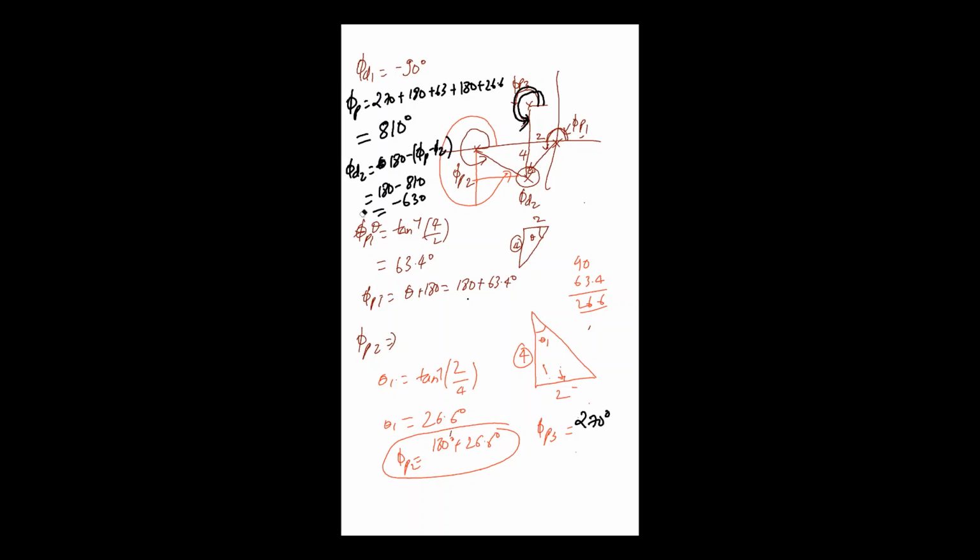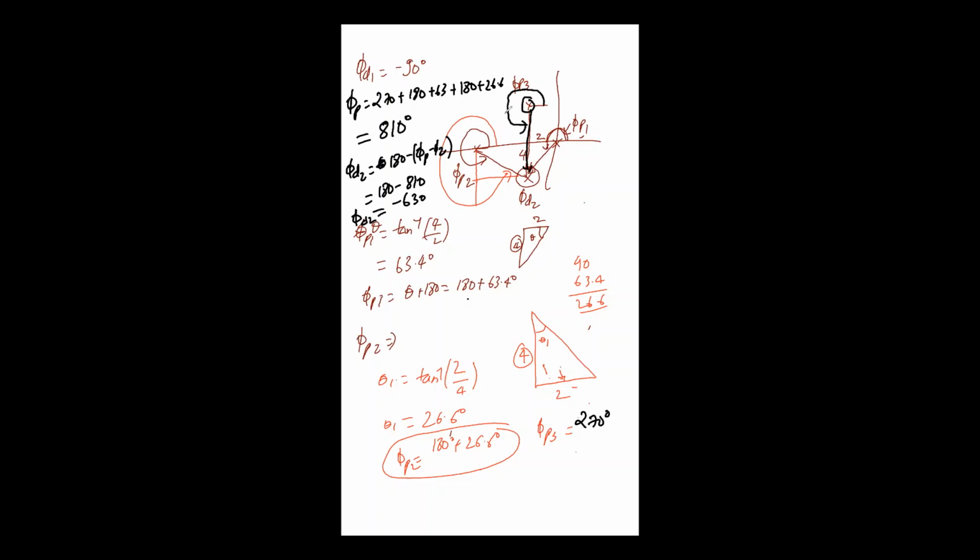Can you please explain phi p3 once more? Yes, yes. Phi p3 is the angle contributed by this pole to this pole. This we will calculate, and we will calculate the angle this way.